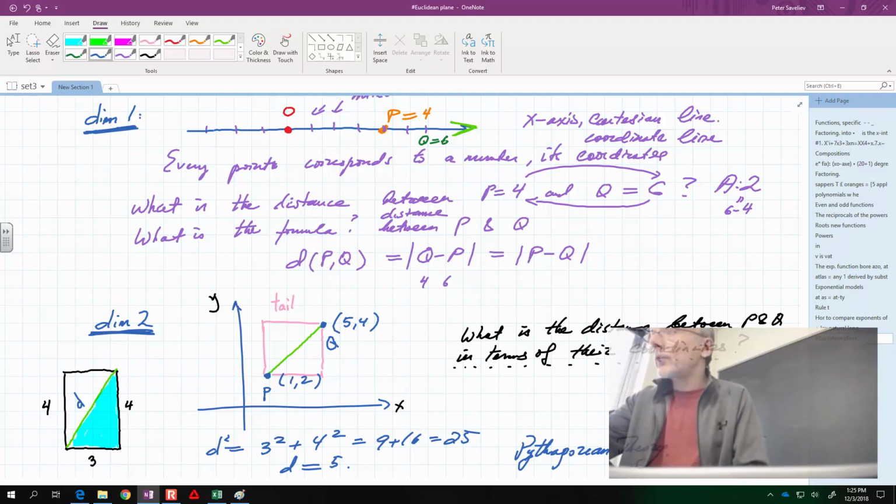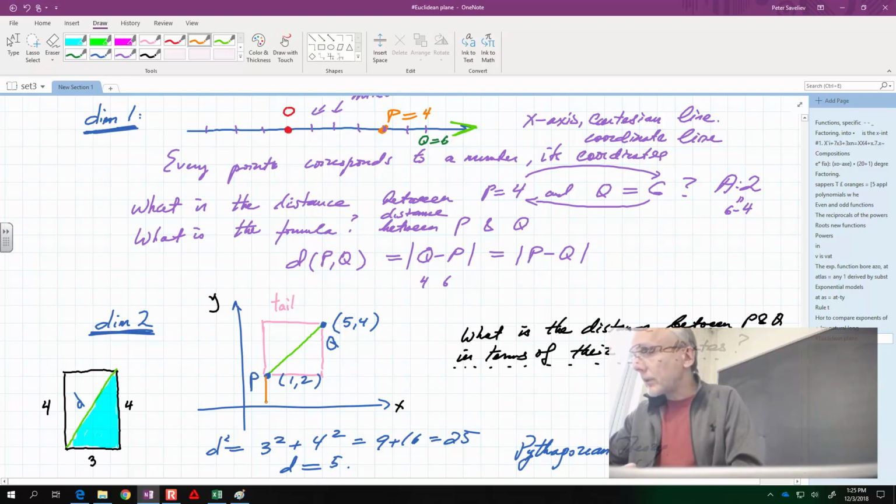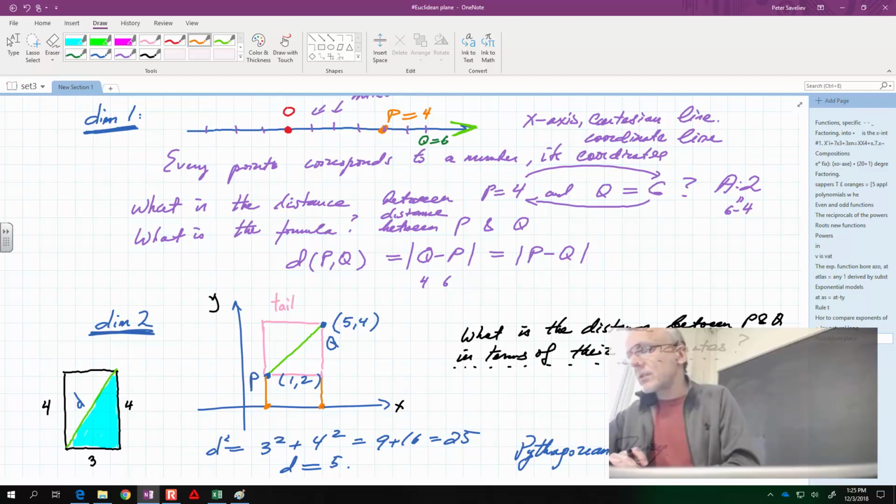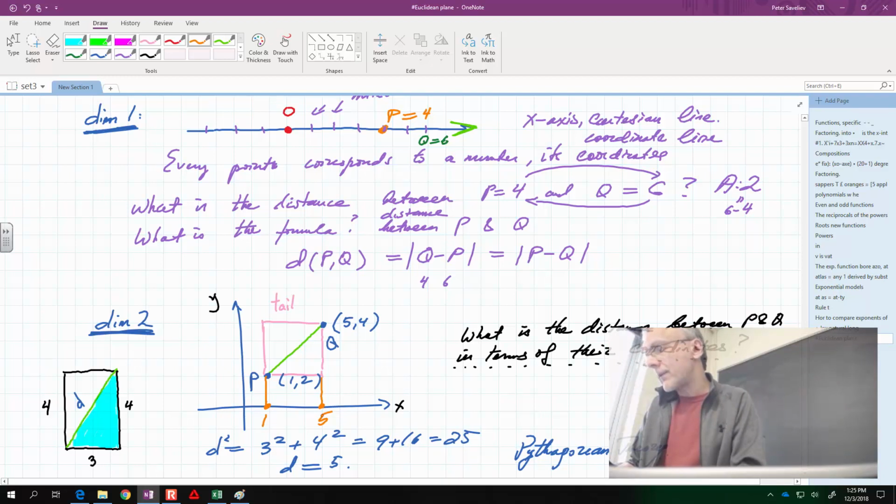Okay, so let me move it around a little bit. This is what I'm talking about. This is the horizontal dimension of our rectangle. What is it? It is the distance between the coordinates of P and Q on the x-axis. Specifically, this is 1 and this is 5. So we know the horizontal dimension of my rectangle is 5 minus 1, which is equal to 4.